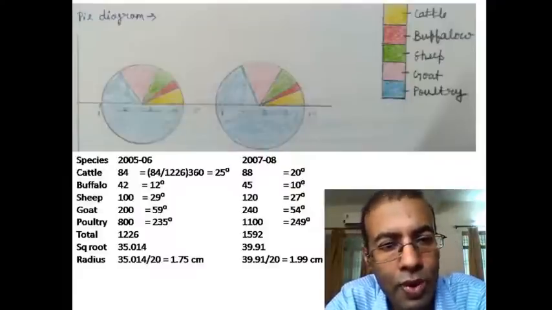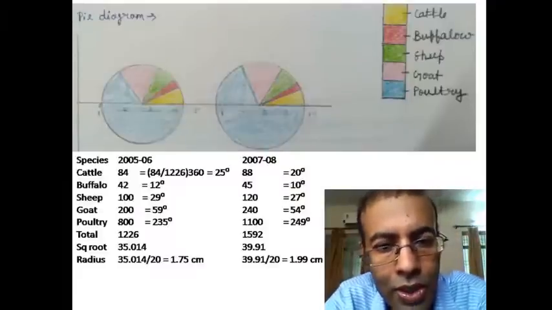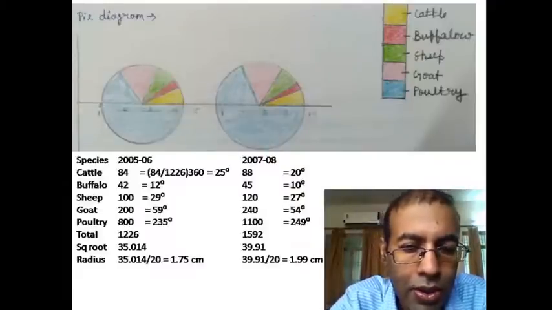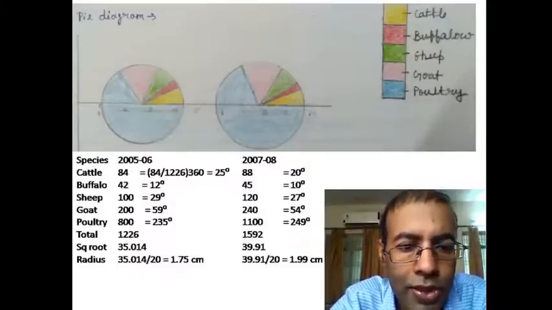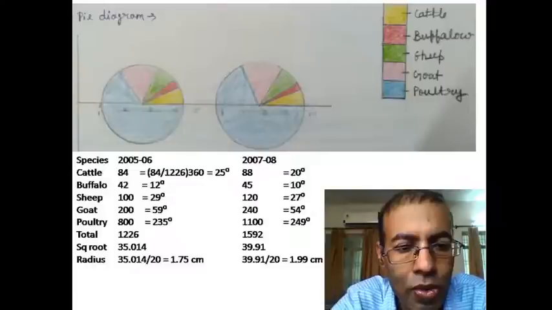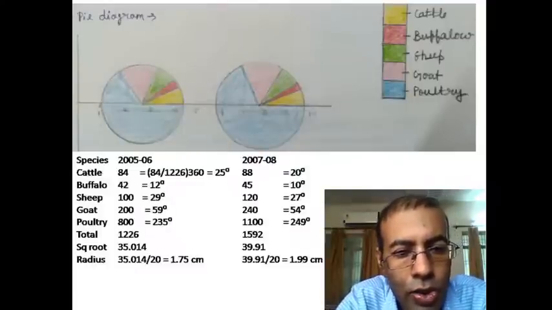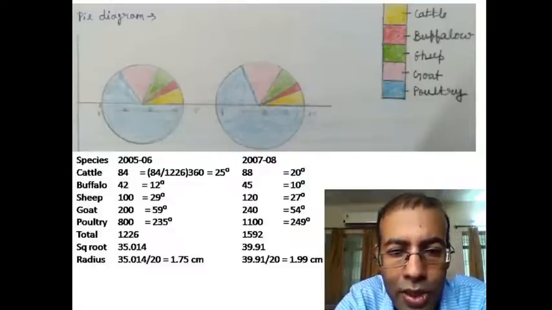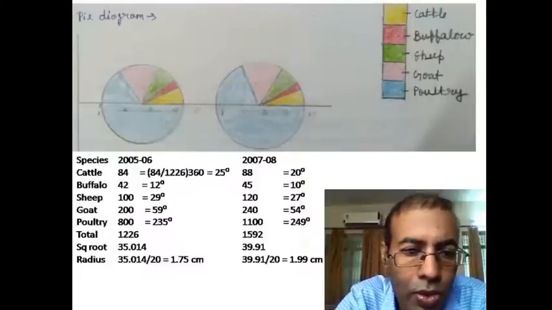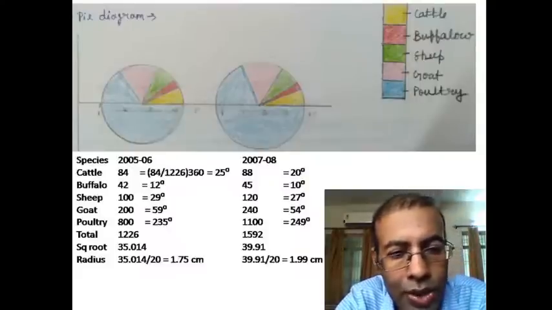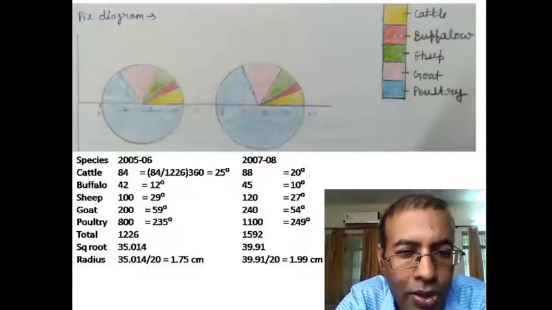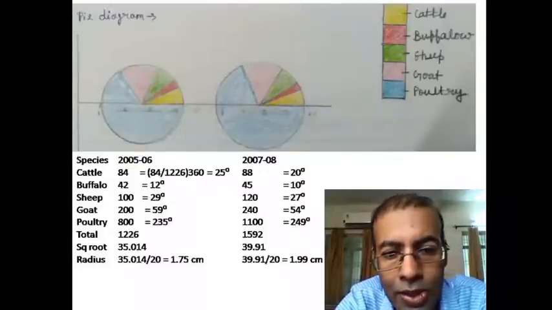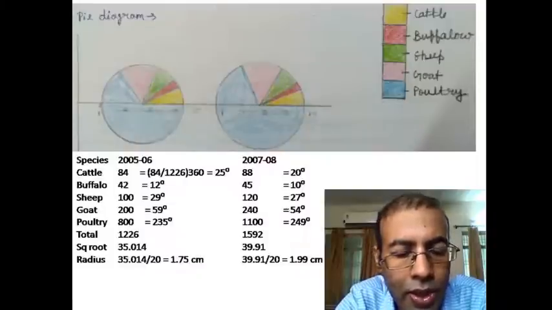Okay, so for making the circle, we calculated the total population. In 2005-6, the total population was 1226, and the total population in 2007-8 is 1592. Now we will take the square root of these values. It's 35 for 2005-6 and around 40 for 2007-8.